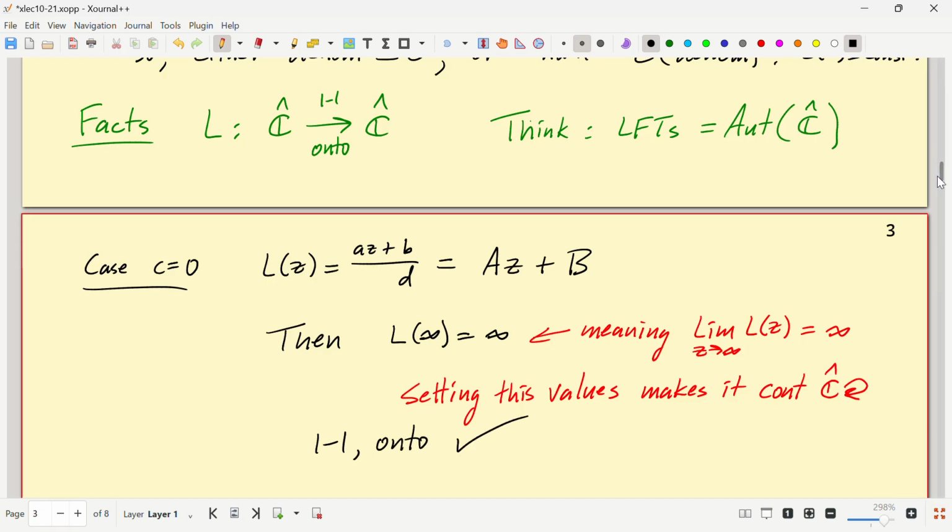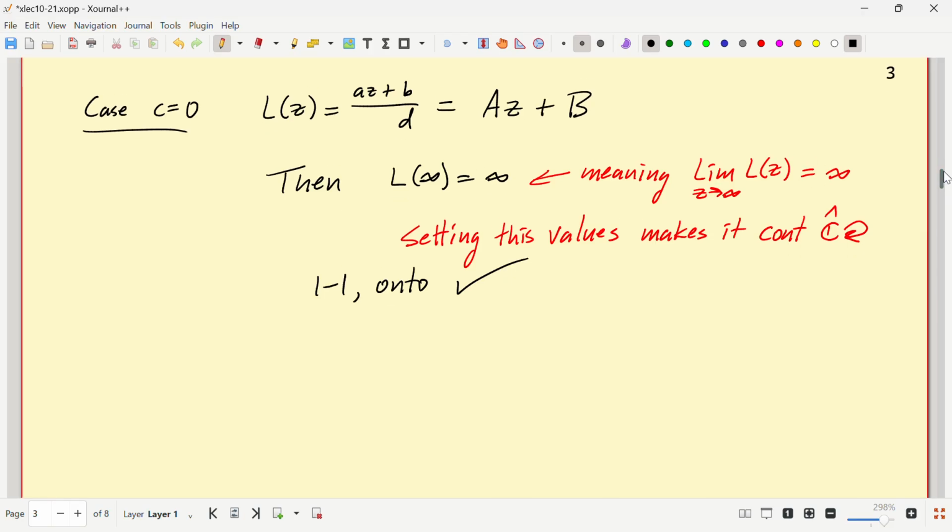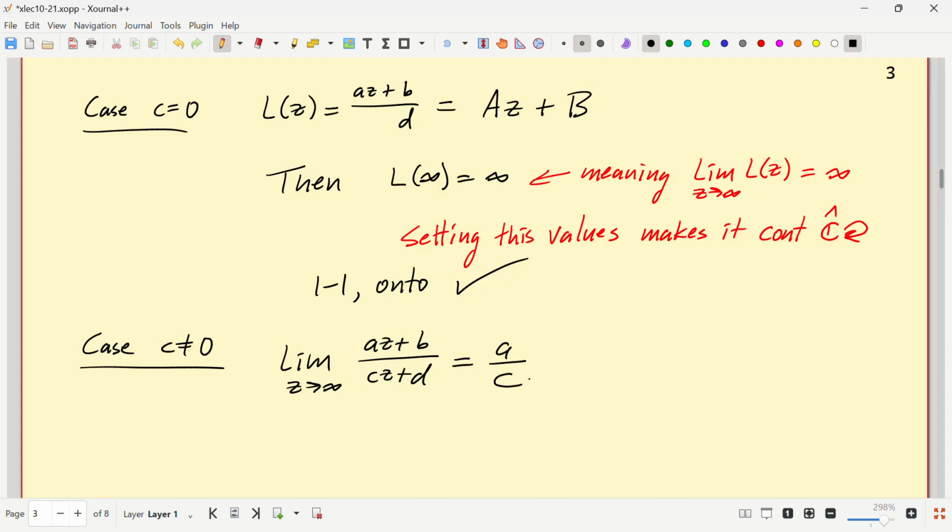Then the next case to consider is the c unequal to 0 case. That's the interesting one. Then you can check that the limit as z goes to infinity of (az + b) over (cz + d), by freshman calculus, is a over c. So L of infinity should be defined to be a over c. That would make it continuous there.